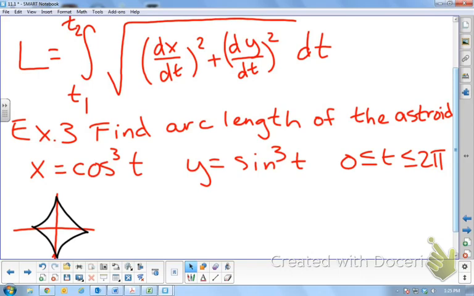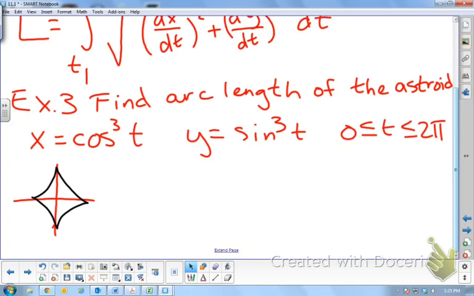This particular one is called an astroid, cosine cubed and sine cubed. When it was just plain cosine and plain sine, it was a circle. When it's cubed, it kind of curved in the pieces of the circle, like you flipped each quarter of the circle in. So we need dx dt and dy dt, which is chain rule.